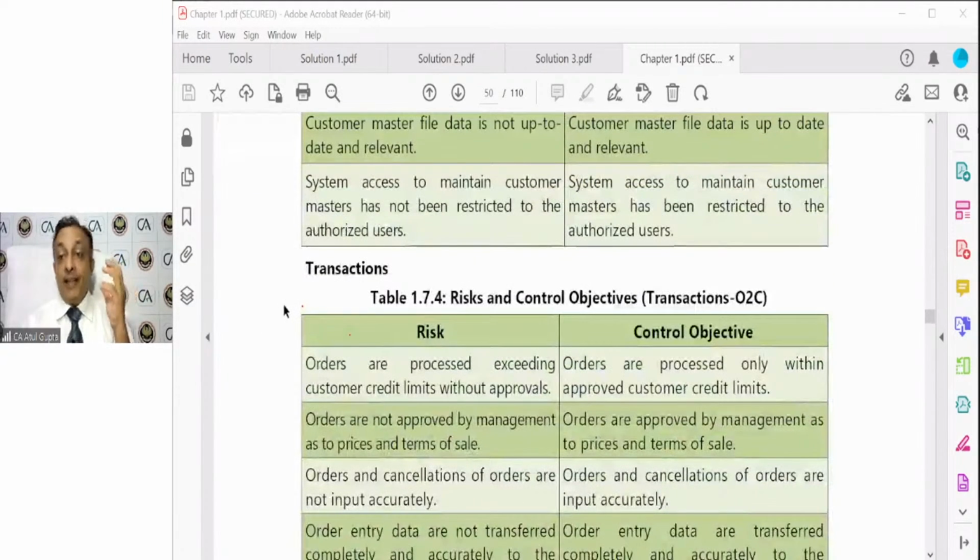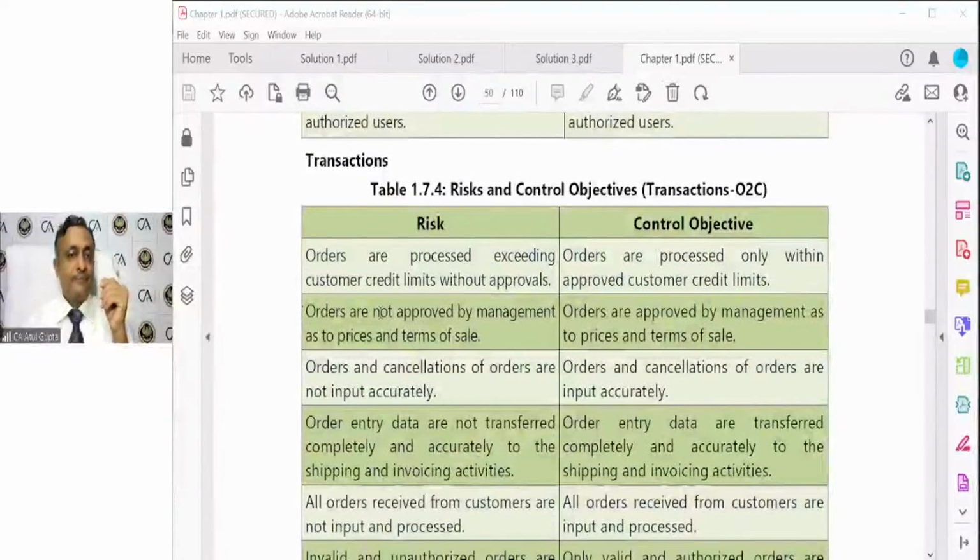Now coming to transaction related risk in the order to cash cycle. Orders are processed exceeding customer credit limits without approval. Again, just give me a second.